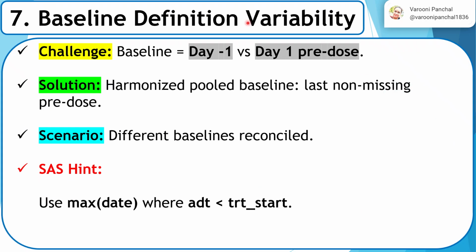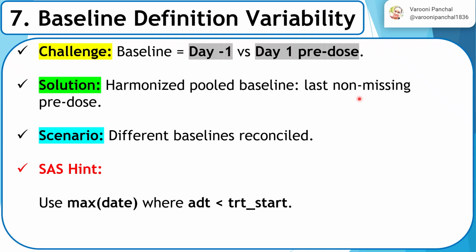Number 7, baseline definition variability. Now the challenge here is that you could have baseline equal to day -1 versus day 1 pre-dose, right? So how do you overcome this challenge when you have different baseline definitions in different 12 individual studies? The solution again is to harmonize to get the pooled baseline definition, which is nothing but the last non-missing pre-dose value, right?